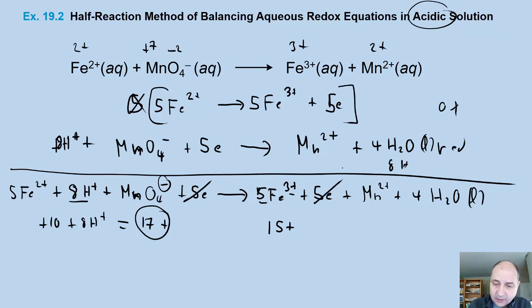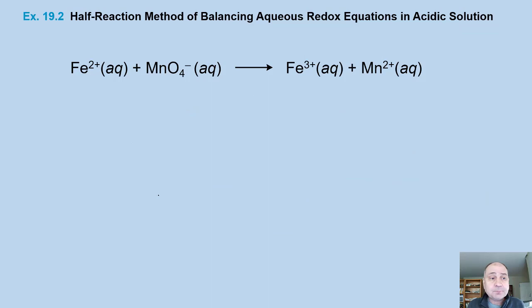We take out the electrons before we balance that. Then we have a +2 charge from the manganese, which is also 17+. So the charges are balanced, the electrons drop out, and we did this properly. For the oxygens, we have 4 on the left and 4 on the right, but I'll let you go through this yourself.